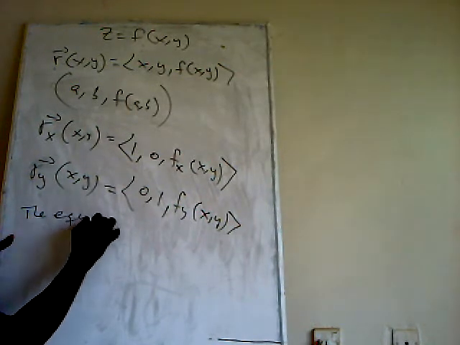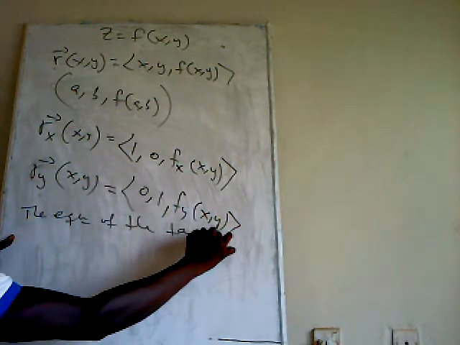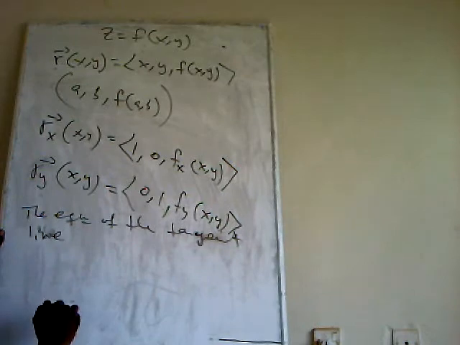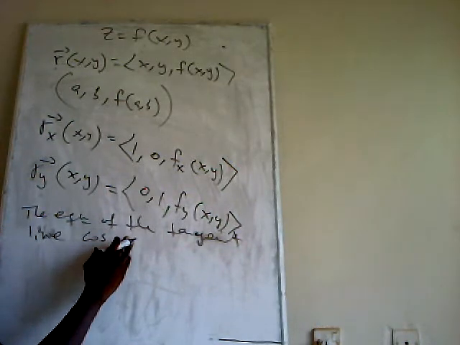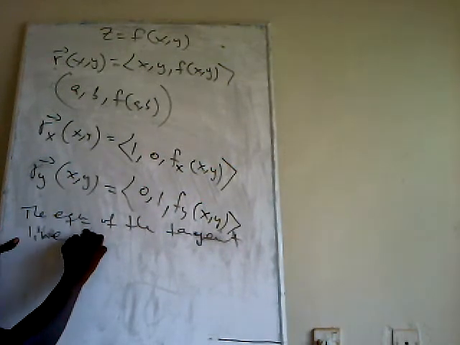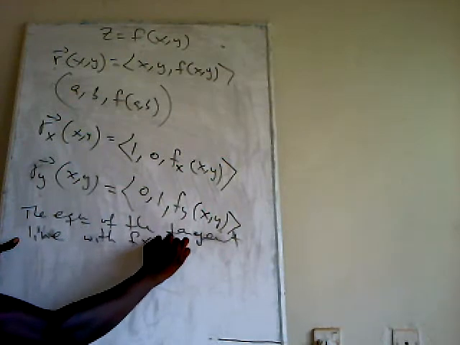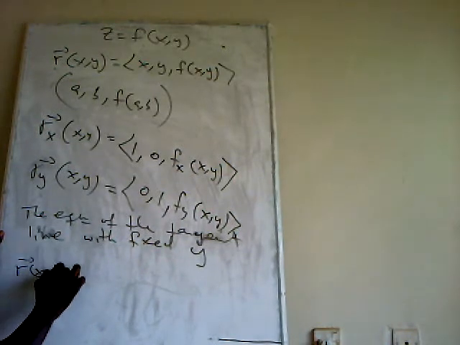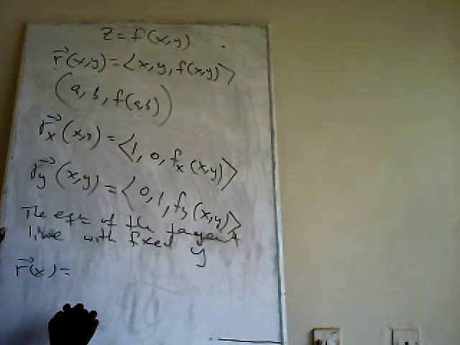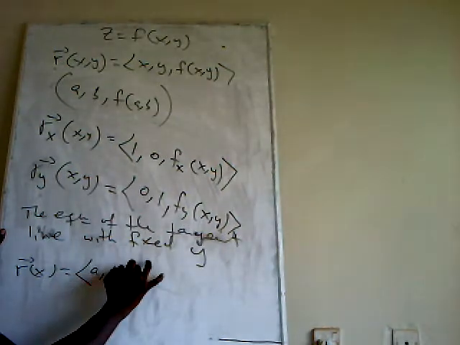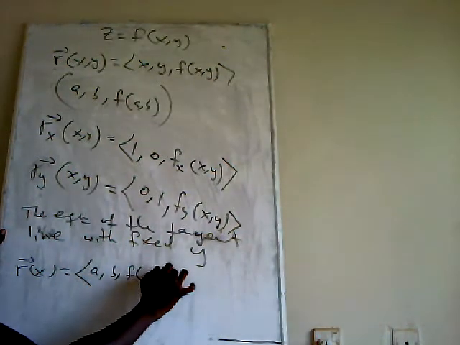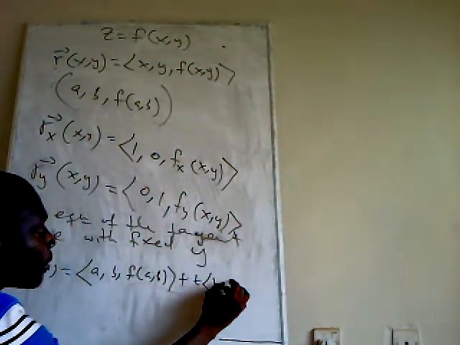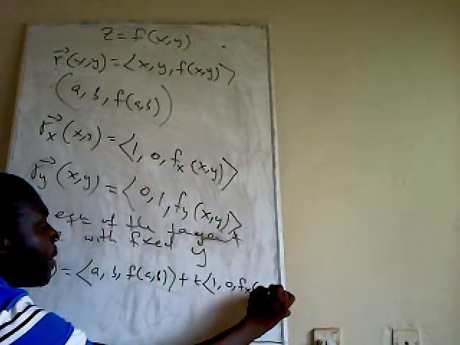The equation of the tangent line with fixed y is going to be r equal to a, b, f of a, b plus t multiplying 1, 0, fx at a, b.